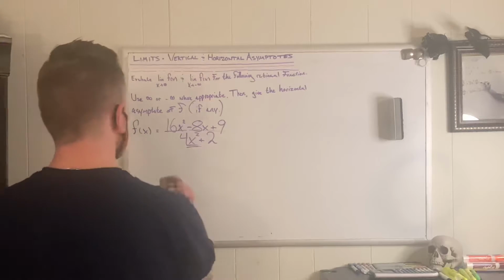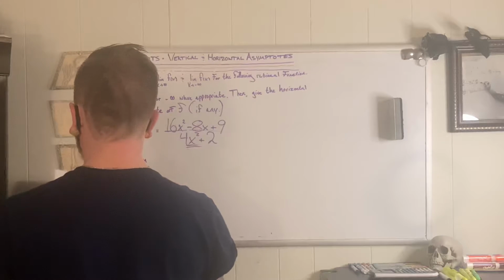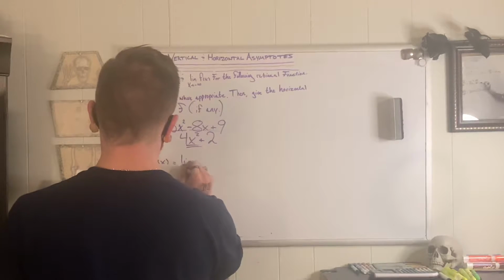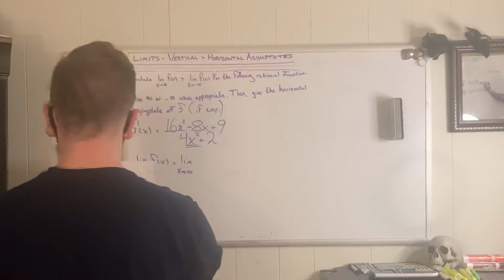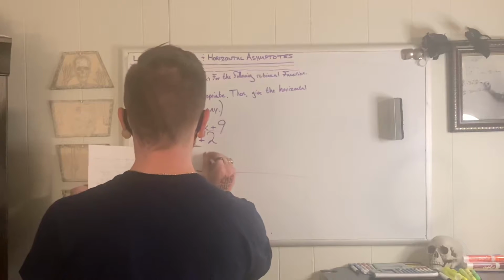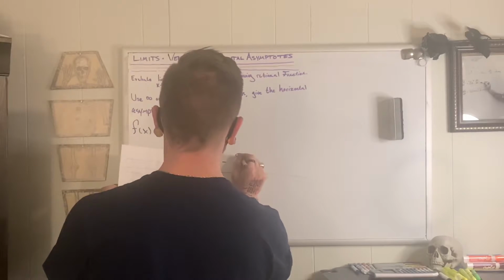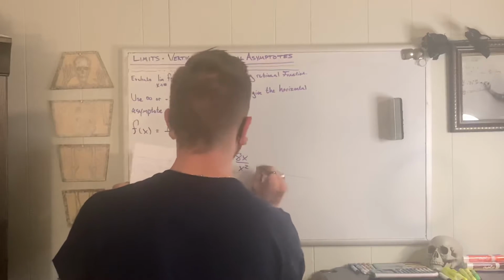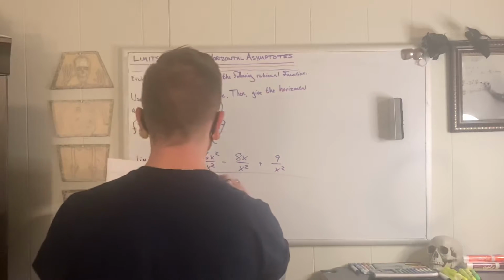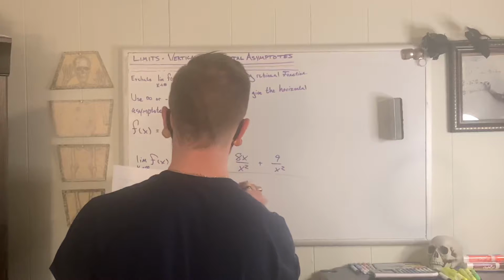So we're going to say that the limit as x approaches infinity of f of x equals the limit as x approaches infinity of 16x squared divided by x squared minus 8x divided by x squared plus 9 divided by x squared, all divided by 4x squared divided by x squared plus 2 divided by x squared.